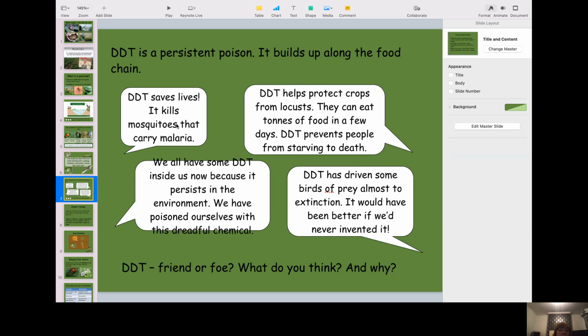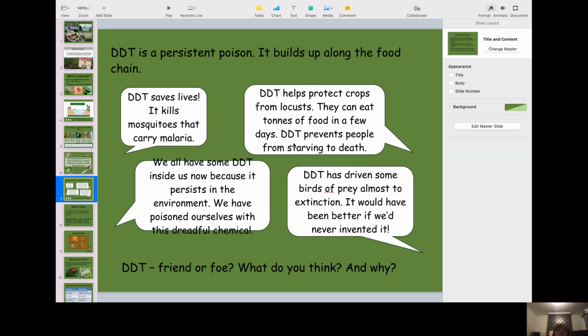It's obvious that DDT does save lives, because mosquitoes can kill. It's a fact that, yes, DDT is inside us now because it's in the environment. We breathe it in, we eat it through our food.